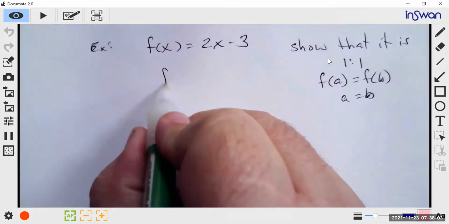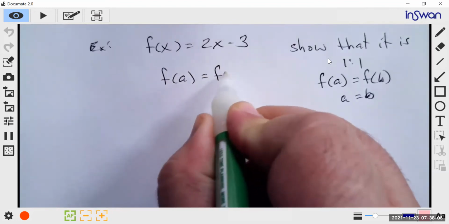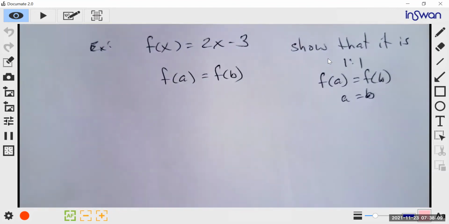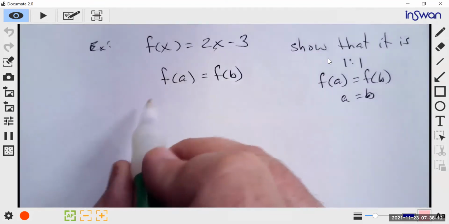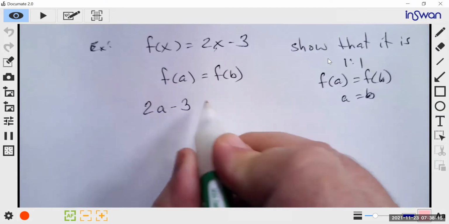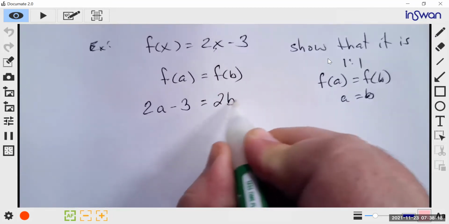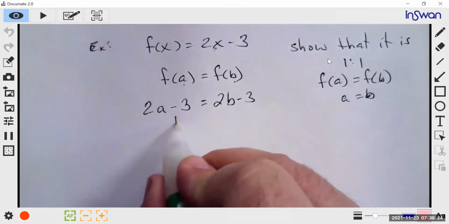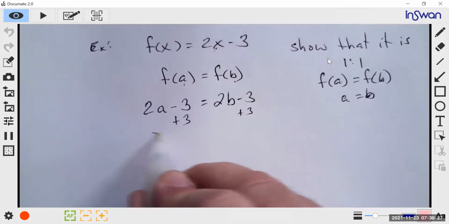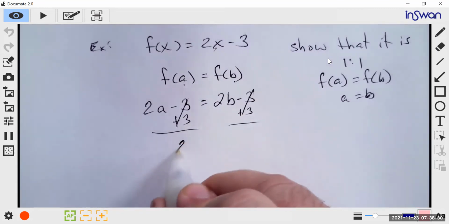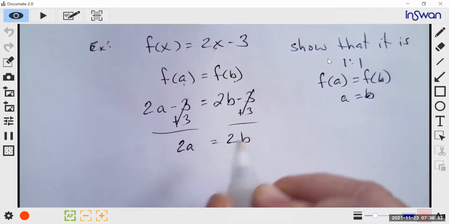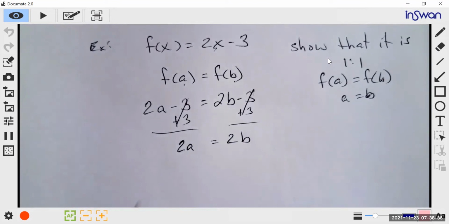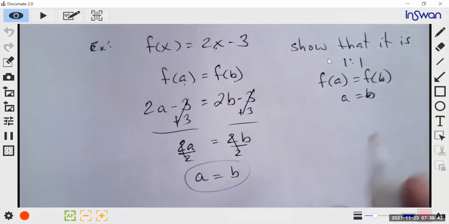So we'll do the same thing here. f of A equals f of B. So we have 2a minus 3 equals 2b minus 3. Let's solve for the letters. Add 3 to both sides. 2a equals 2b. Divide by 2. A equals B. And that's exactly what we're supposed to prove. So that means the function is one-to-one.